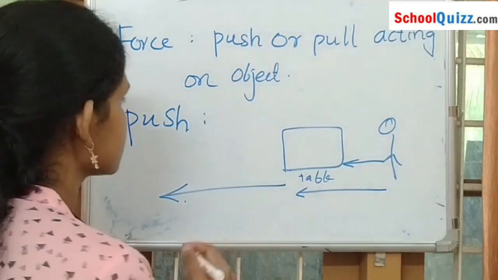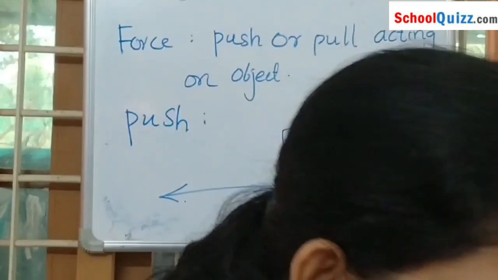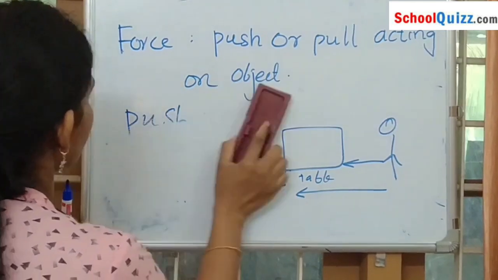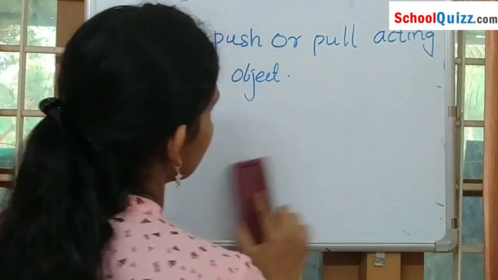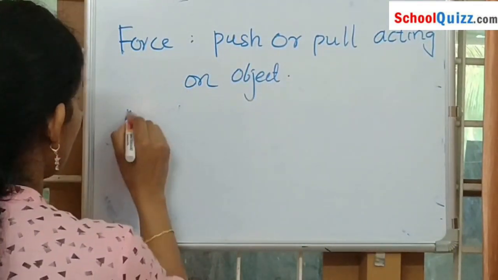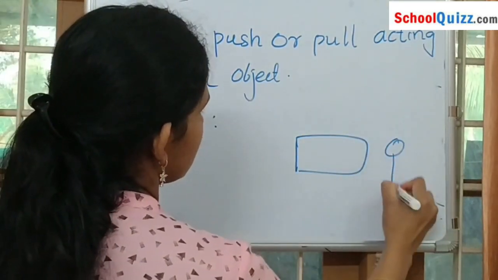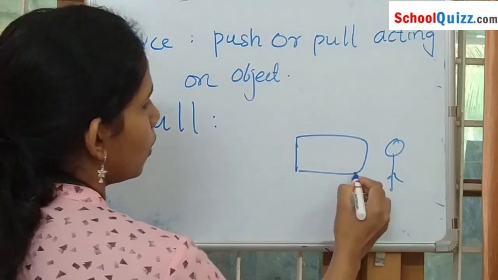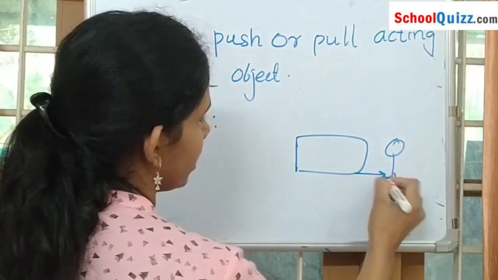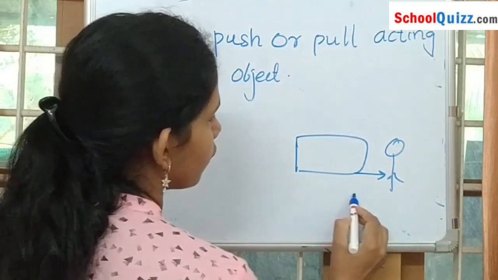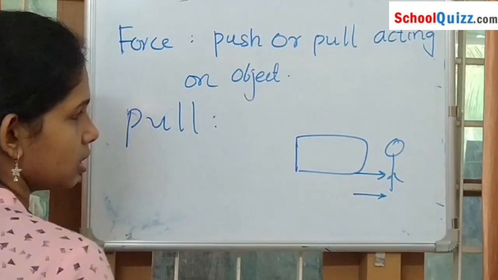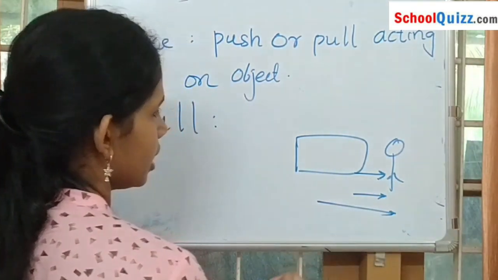In another case, that is pull. If a man pulls this table, this table will come towards the man. It will come towards the man.